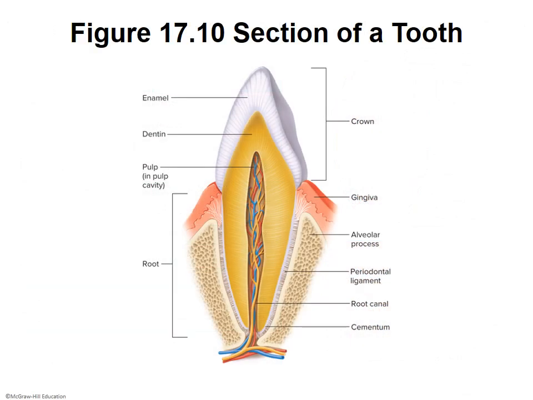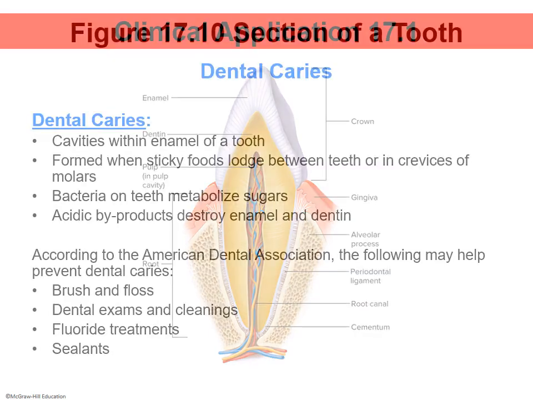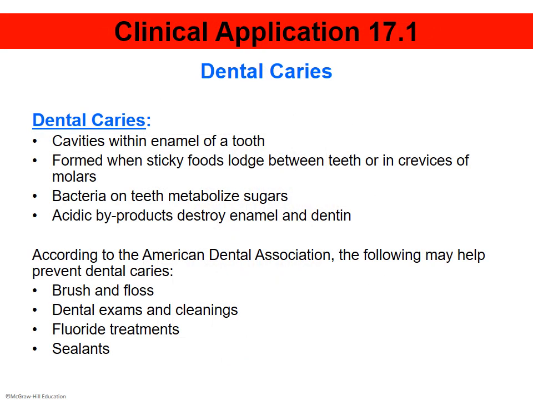Now, again, what I will make sure you know is that this enamel, the outer part of the tooth, is the hardest material that the body produces. Again, not going over the clinical application.